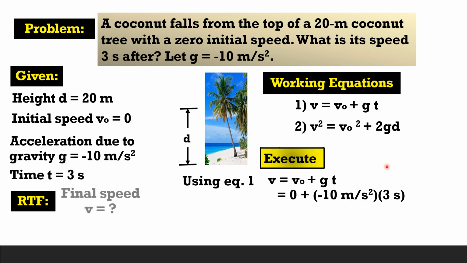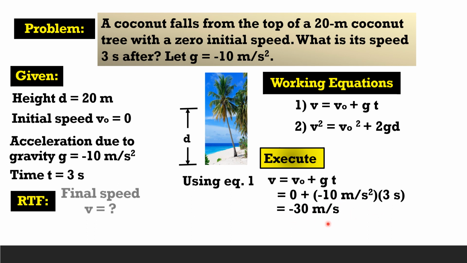We substitute the initial speed, which is 0, plus negative 10 meters per second squared, which is the value of g, multiplied by the time, 3 seconds. Solving for v, we get negative 30 meters per second.